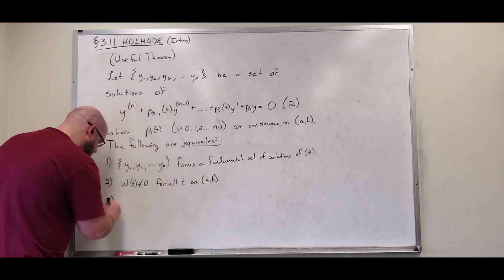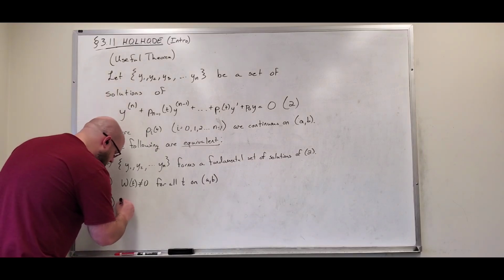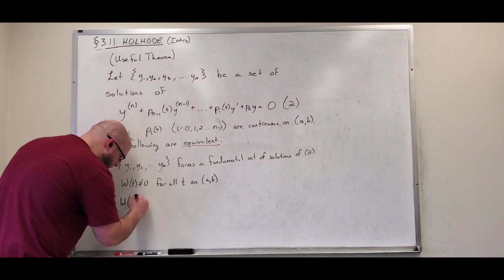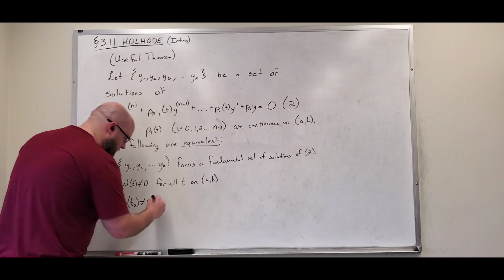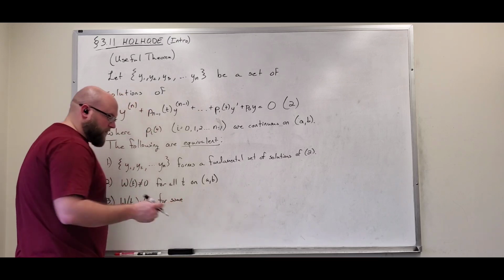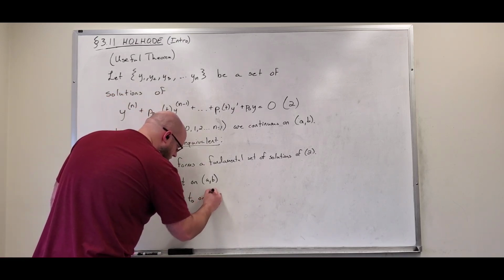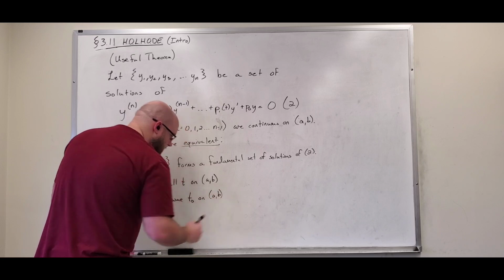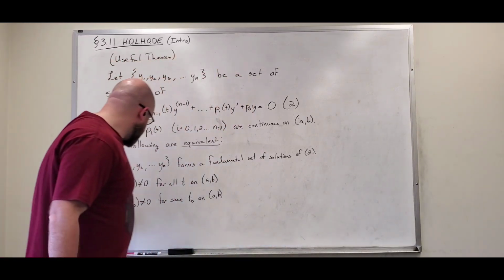And number 3, applying Abel's theorem, the Wronskian evaluated at some value of t is also not equal to 0 for some, and this just means for a select value, some t sub 0 on (a, b).